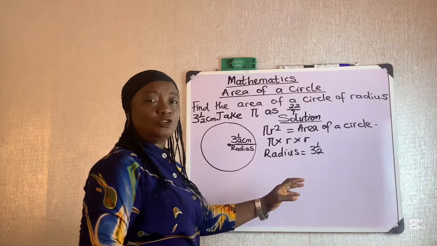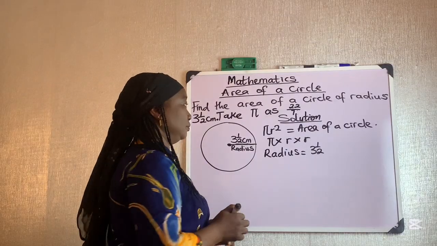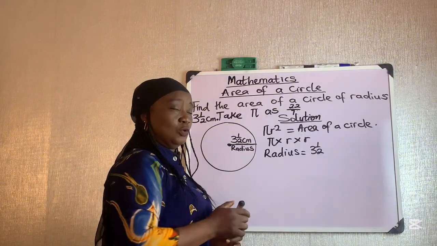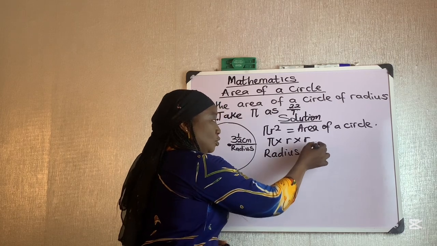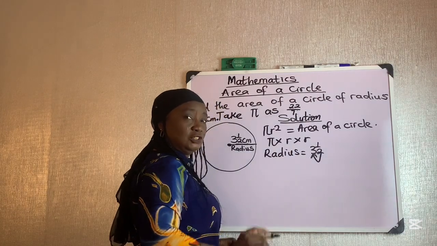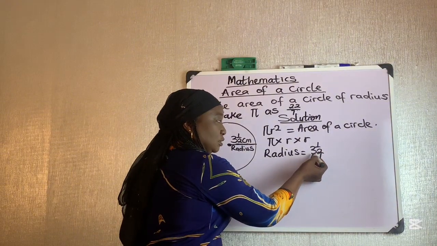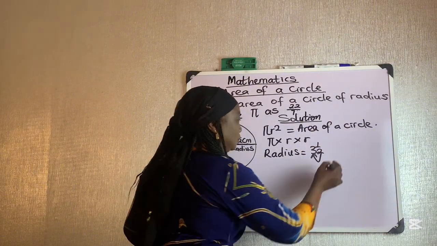Three and a half cannot be easily used. We need to change it to improper fraction. And we have a way of doing it permanently. We say denominator times whole number plus numerator over denominator. I repeat, denominator times whole number plus numerator over denominator.